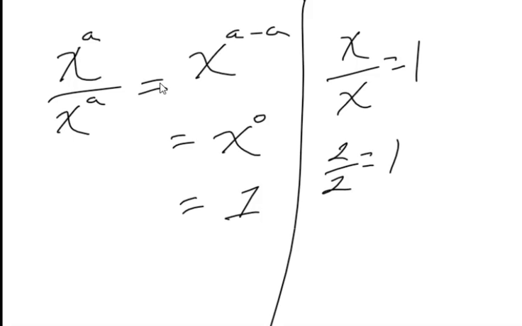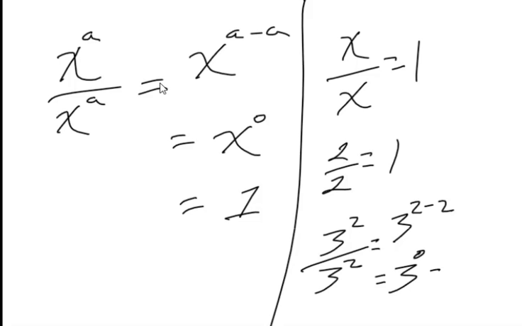So if I had 3 to the power of 2 over 3 to the power of 2, aren't those equal? You can tell right away that it equals 1. If we take the same principle of solving these exponents, it would be 3 to the power of 2 minus 2, which gives me 3 to the power of 0, and that, of course, equals 1.